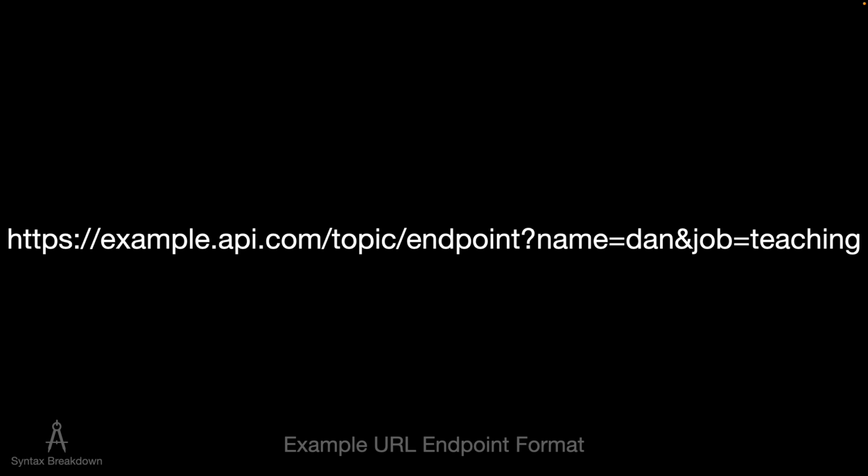Okay, so let's take a look at the URL endpoint format. This is an example. This URL does not exist. Don't try to go to it. First we have the transfer protocol. This is basically a way of saying this is how we're going to be sending and receiving information from this particular resource or service. It's almost always HTTPS.